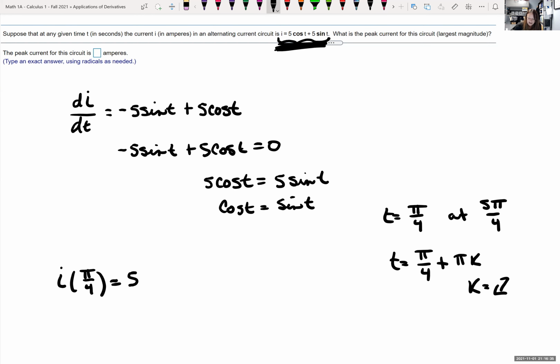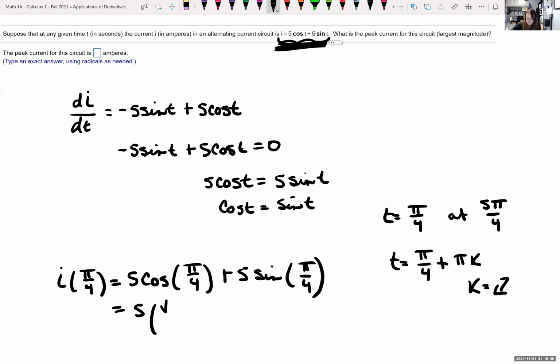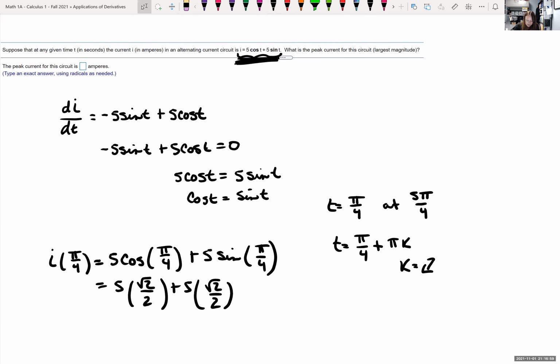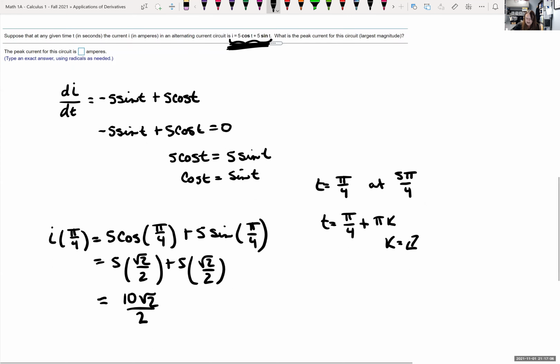So this would be 5 cosine of pi fourths plus 5 sine of pi fourths. So this is 5 times root 2 over 2 plus 5 times root 2 over 2. So 5 root 2 over 2 plus 5 root 2 over 2, that's 10 root 2 over 2, which reduces down to 5 root 2.